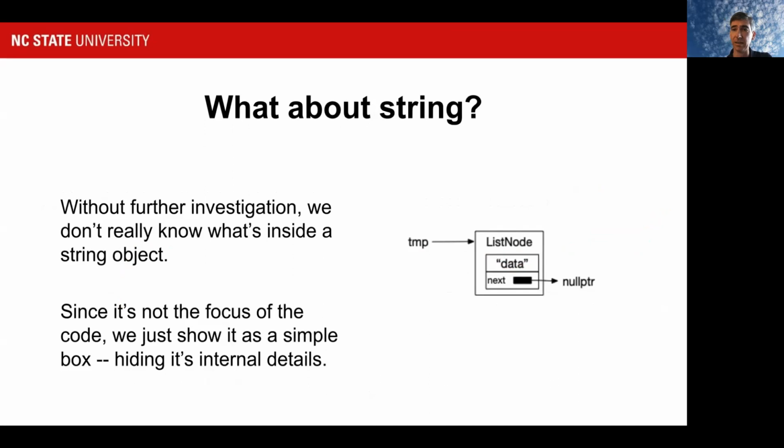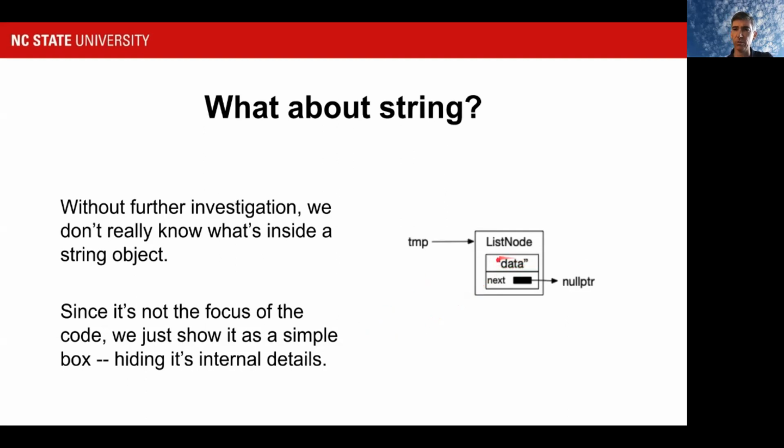So I'm going to exploit abstraction, right? I know that it's something in quotes, I can think of it that way. And I can just draw what the object means inside this box. So when there are details that we don't need to think more about in an example, it's okay to just simplify those details. And so in this case, I'm not going to draw out the reality of what a string object really is internally.